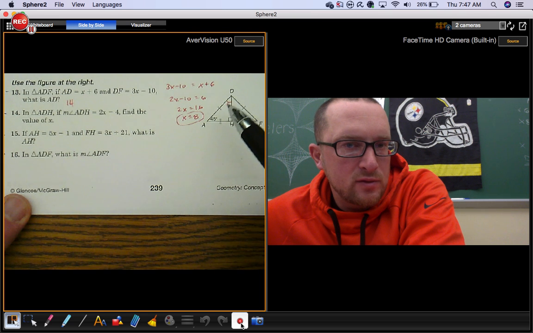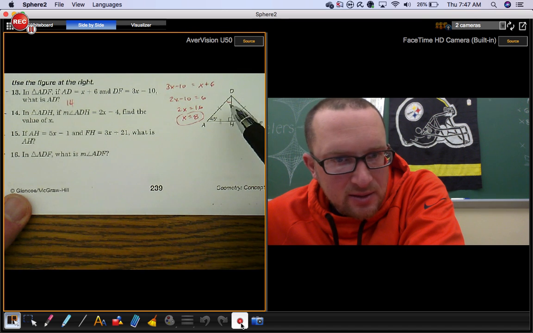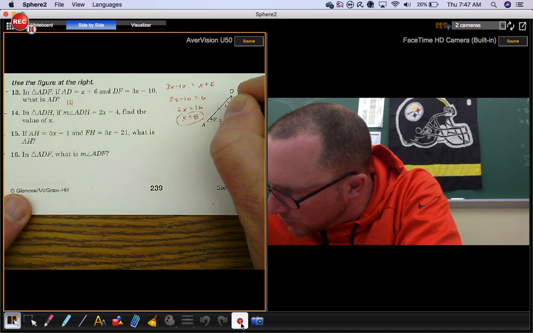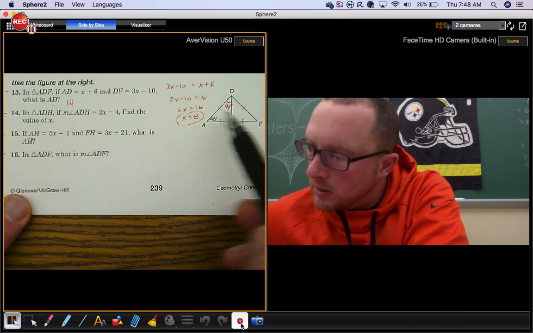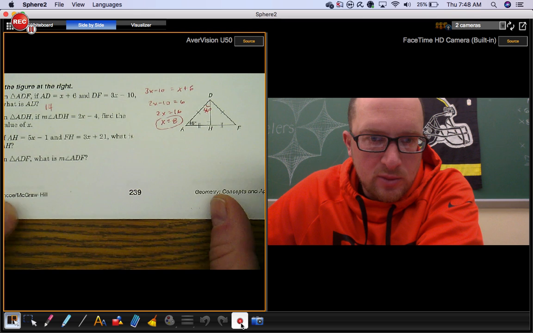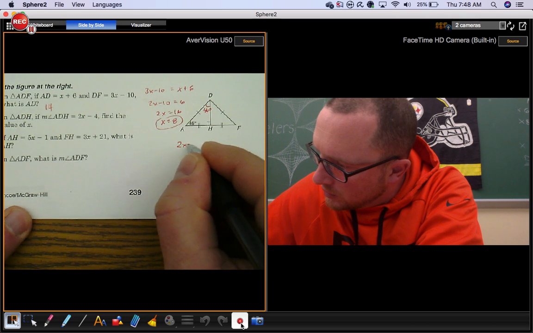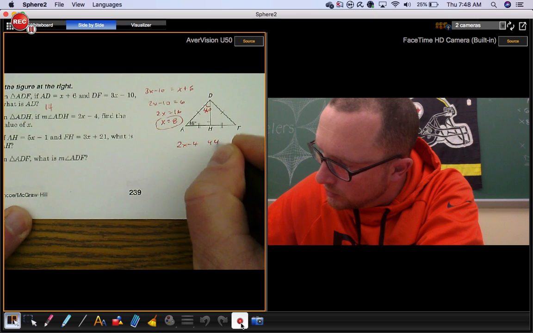We have 2 of the 3 angles in this triangle. If that's 46 and that's 90, this one must be 44 degrees. There's nothing else that it could be. So that angle, I'm kind of out of room, I'll just go down here, that's 2x minus 4, that is the 44 degree angle.